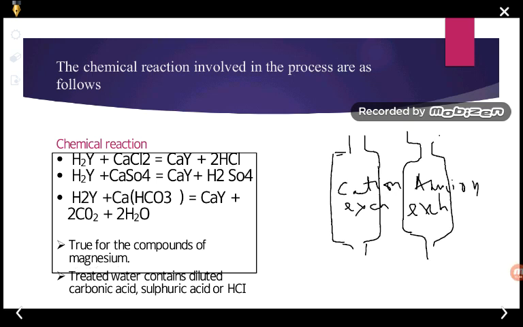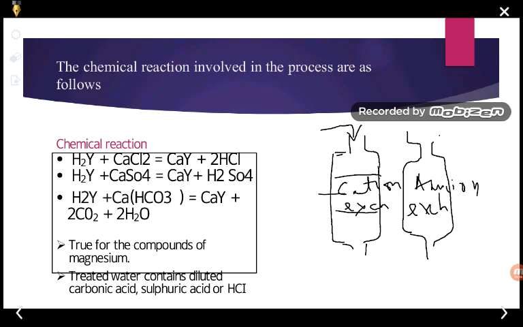So in case of the demineralization process, in order to remove the chemicals, the hard water or the raw water containing the minerals is allowed to pass through the bed of resin containing the cation exchange ions.